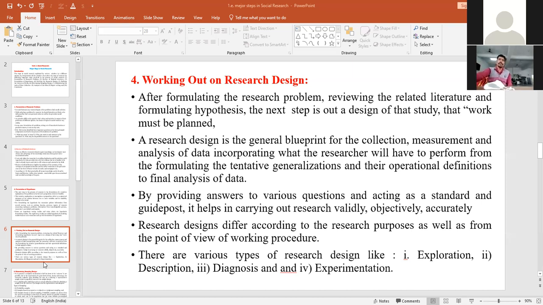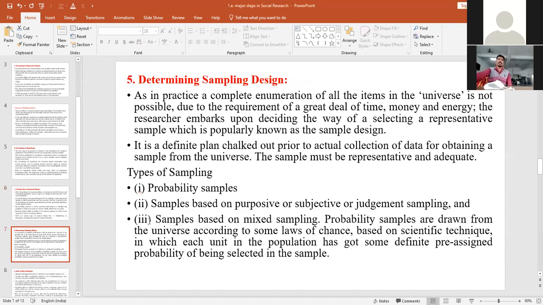And if we talk about the next thing, determining the sampling design. In any practice, a complete enumeration of the items in the universe is not possible due to the requirement of a great deal of time and money.